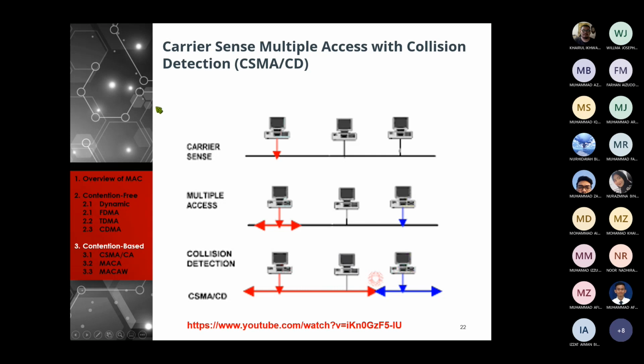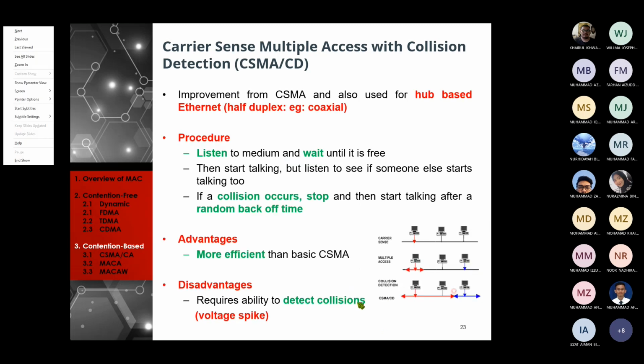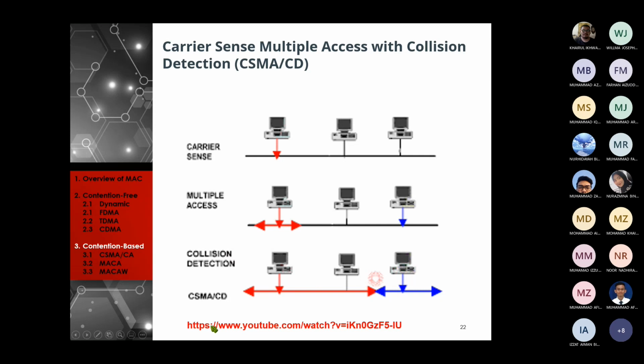Okay, so carrier sense multiple access detection, collision detection. Kalau ada collision kan, saya rasa ada lagi ke ni? Kalau tak boleh nak pegang. Try tengok YouTube ni kan nanti dekat slide kan.